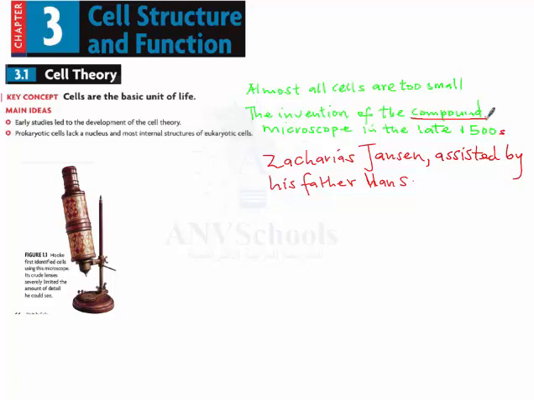A compound microscope contains two or more lenses. Because it has more lenses, the total magnification was high.